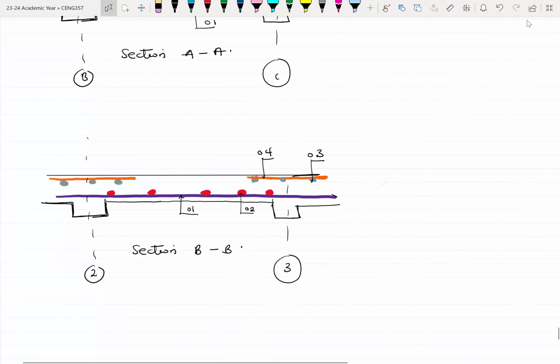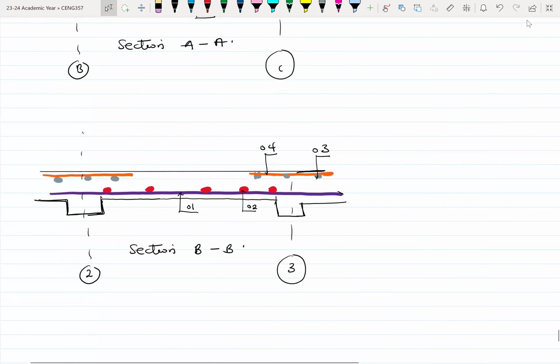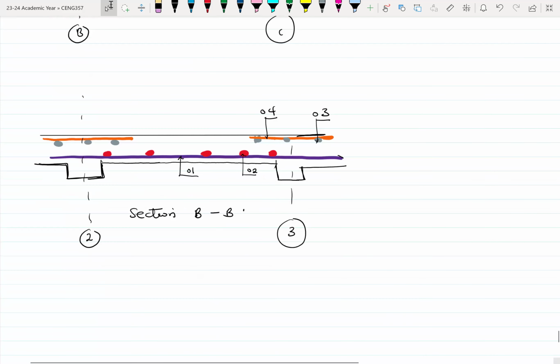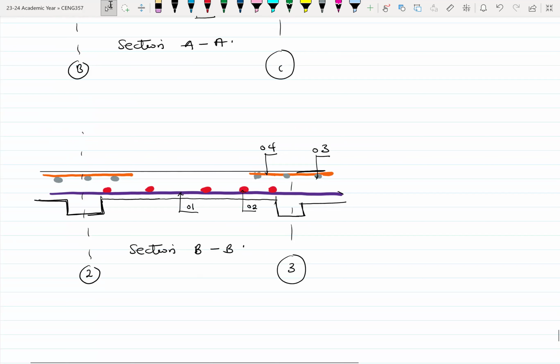All right, so this is how section BB will look. It's just standing at a different position and then viewing the section of the slab. So in simple terms, this is how slab designs are done.